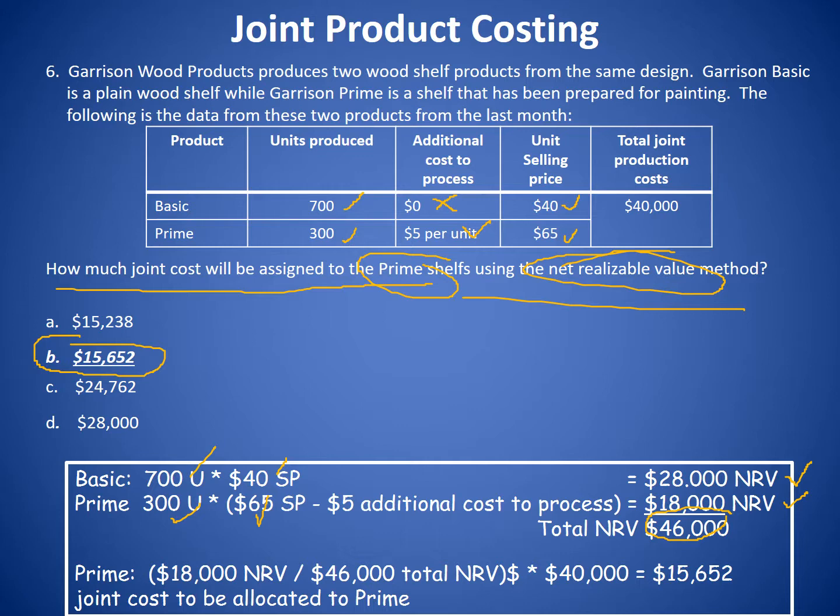So in order to calculate the cost allocated to prime, we take the $18,000 net realizable value that we got from calculating prime, divided by the 46,000 total net realizable value, times the $40,000 joint production costs, and that equals $15,652 that is going to be allocated to prime.